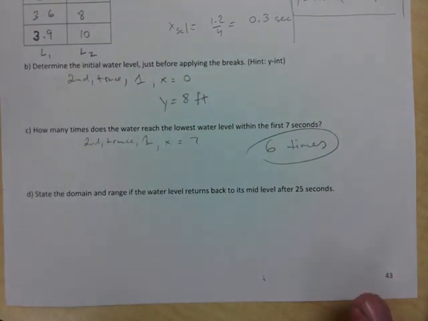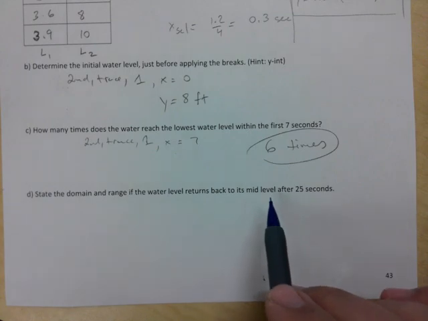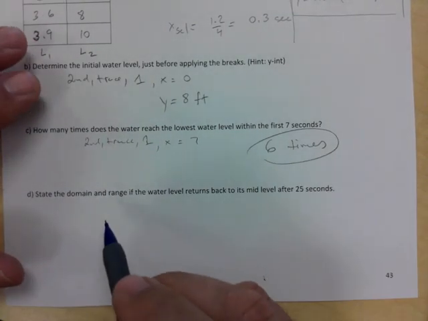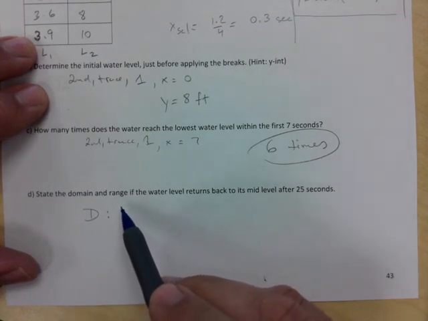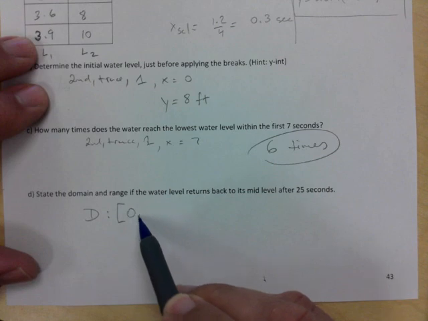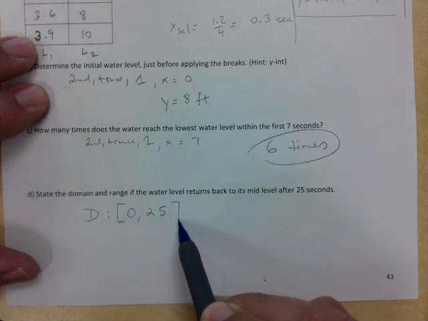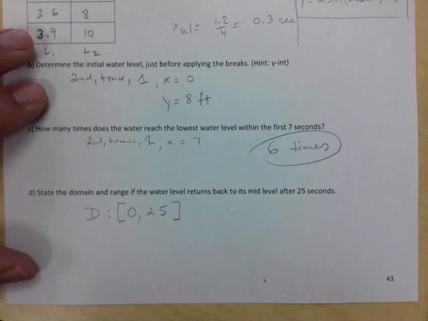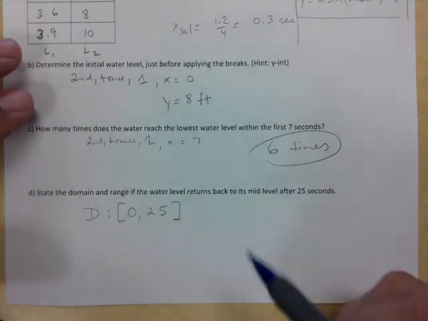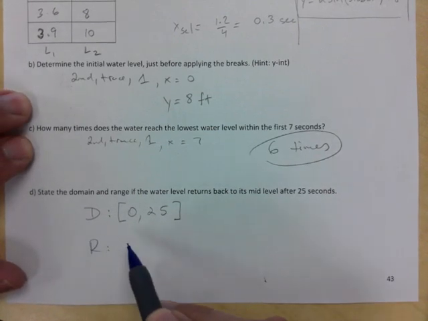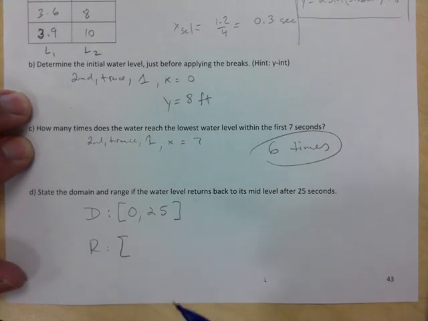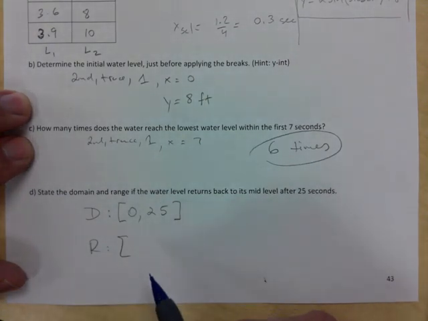State the domain and range if the water level returns back to its mid-level after 25 seconds. So the idea here is that after 25 seconds, it stops, like there will be no sinusoidal anymore. So my domain is 0 to 25, and then my range, you might be tempted to say, hey, it stops at 8, that's what it is.